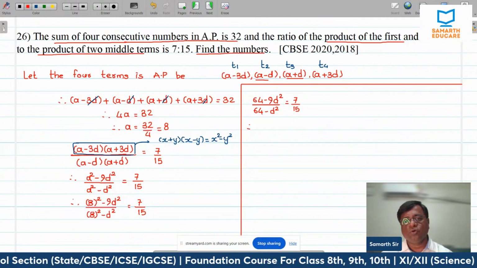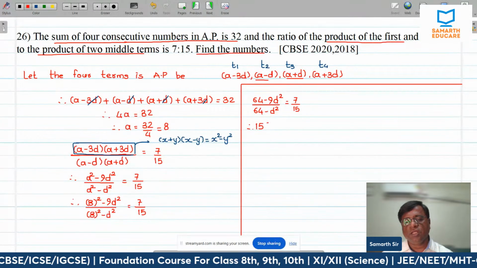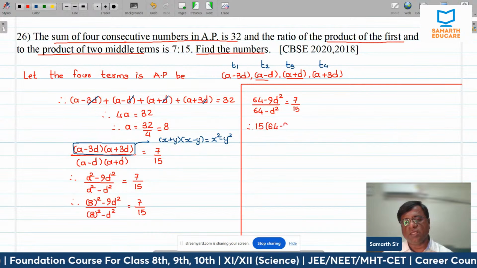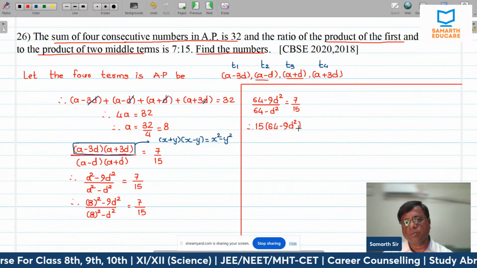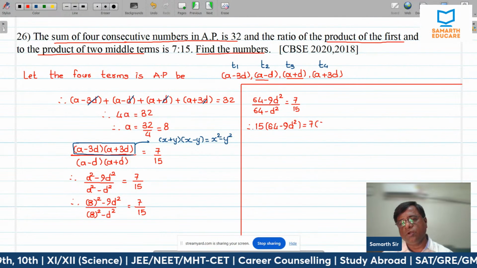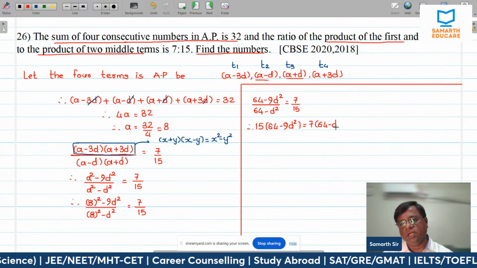Naturally, what I'm going to do is cross multiply. 15 into 64 minus 9d square is equal to 7 into 64 minus d square.